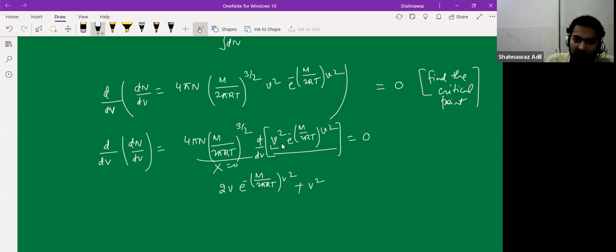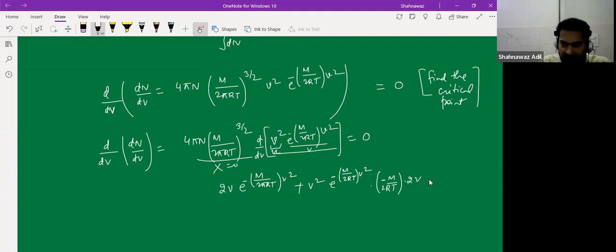So we will apply the product rule, u and v. So v square is left, and then the differentiation of this will be exponential of minus m v square by 2 rt, into minus m by rt, and then v square differentiation is 2v.